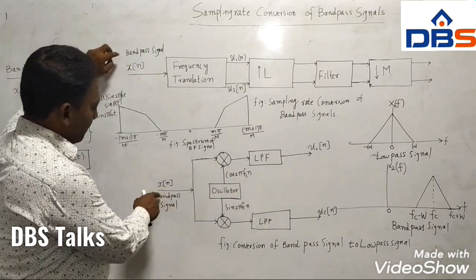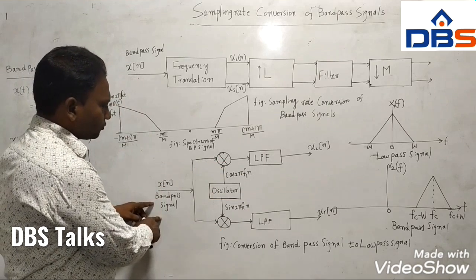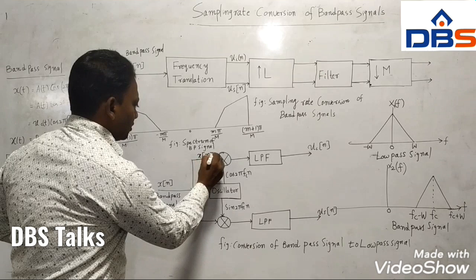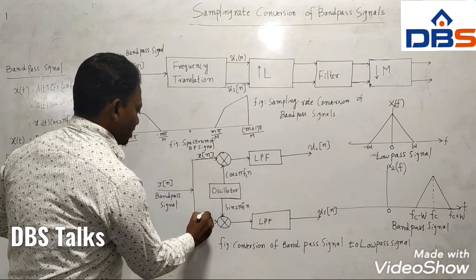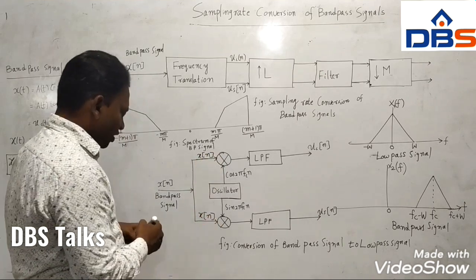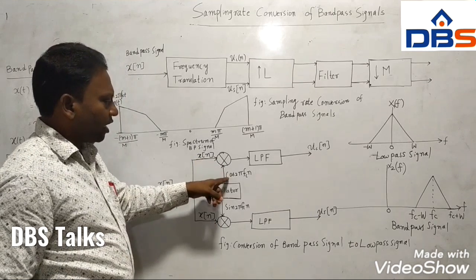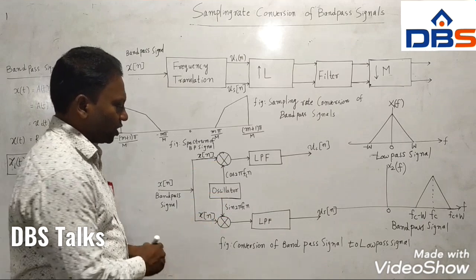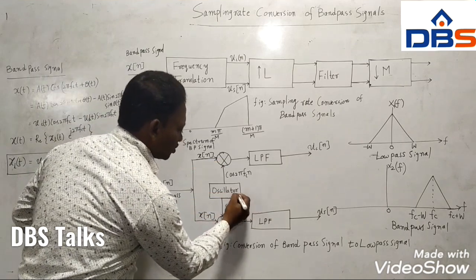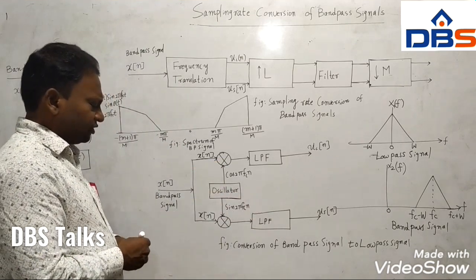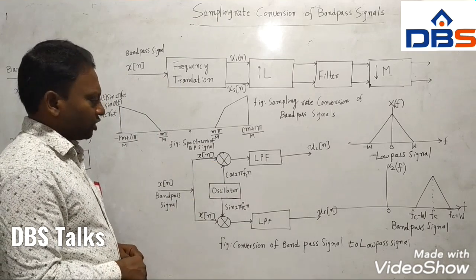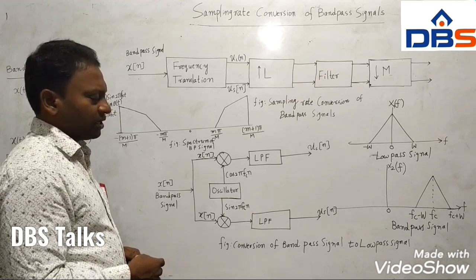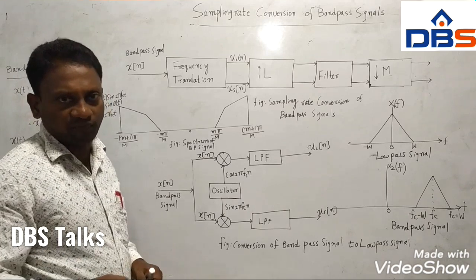Now we apply the band pass signal X of n here, and the same X of n comes to both branches. X of n is multiplied by cos 2 pi Fc n here and sin 2 pi Fc n here. This is an oscillator which generates the quadrature components. Cosine and sine are called quadrature because they differ by a 90 degree phase shift.